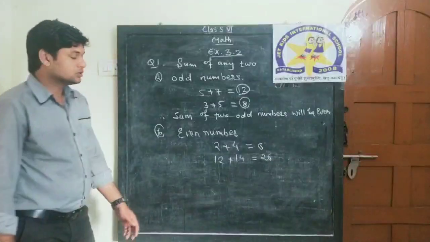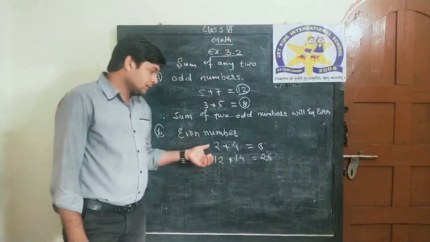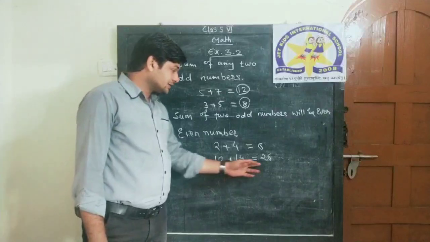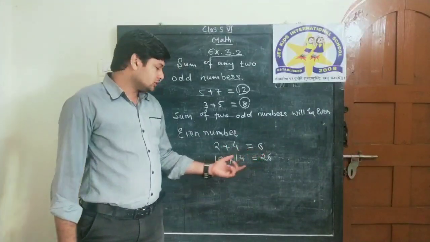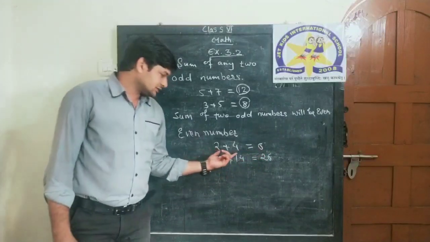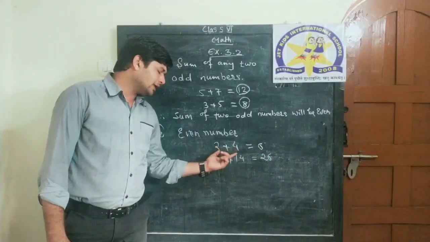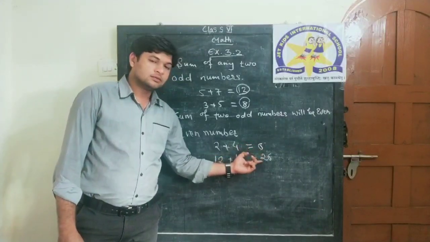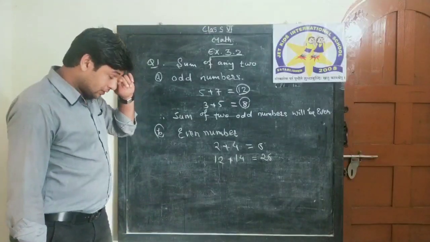So here also I am taking just two examples. Now you can observe on the basis of these two examples that for the sum of any two even numbers we are getting an even number as the answer.